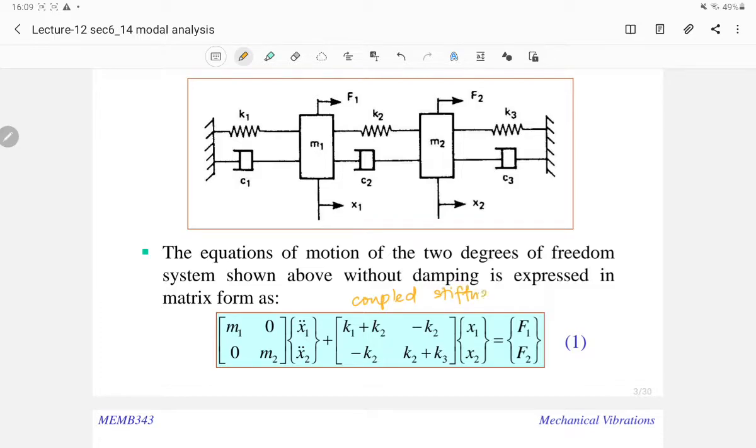This is in the form of generalized coordinates using x1 and x2. We assume in this case that it is without damping, so that's why you don't see any damping matrix.